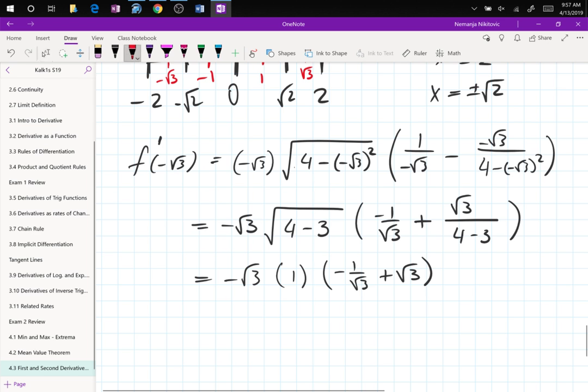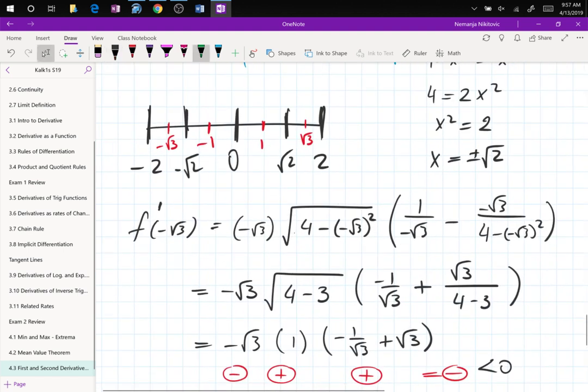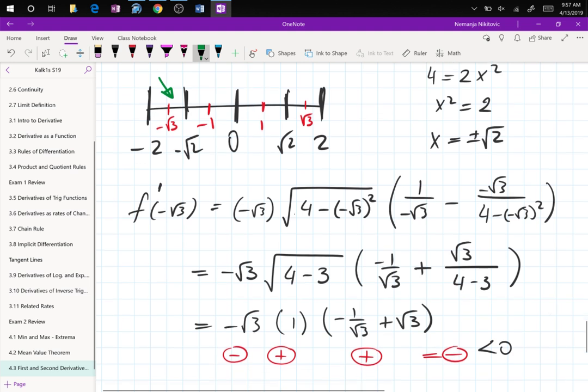And look, I just go negative number times positive number times another positive number, because, right, the fraction is smaller than the big piece, and this is positive. So when you get them together, the whole thing is equal to a negative number, and the negative number is less than 0. So the first one over here is a decrease, and we put the green arrow going down for a decrease.